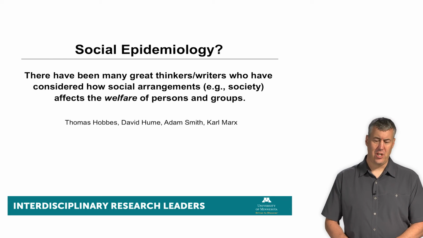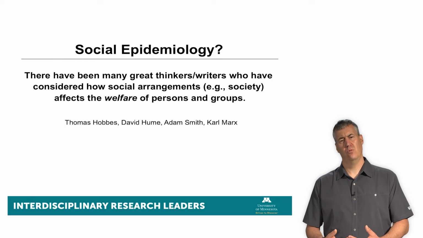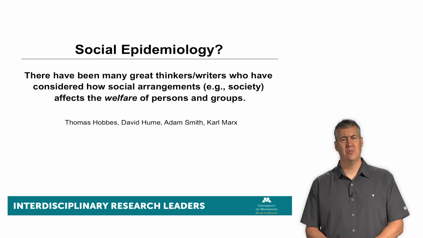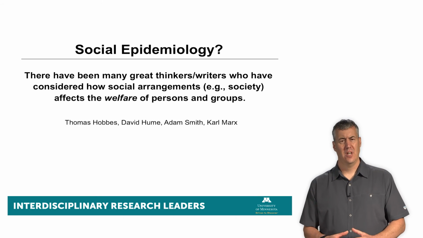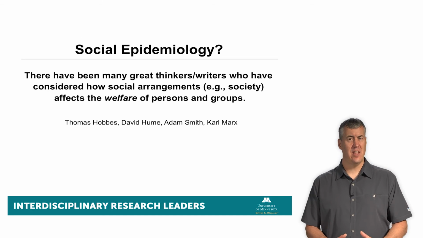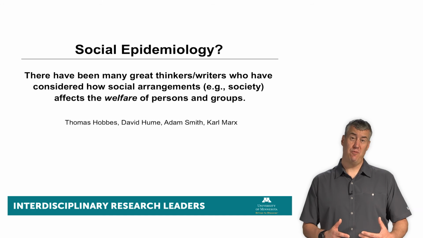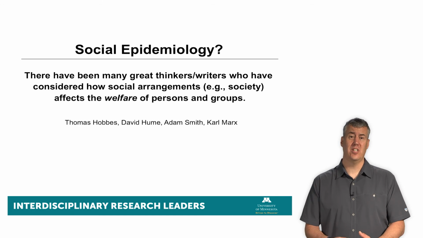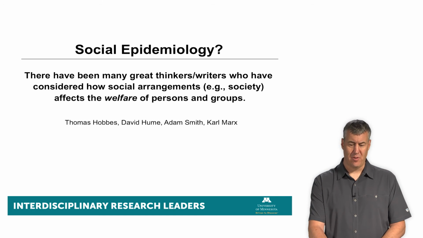And the challenge here comes from great thinkers from history such as Thomas Hobbes, Hume, Adam Smith, Karl Marx, and so many others. The focus of this scholarship, of this effort to understand the haves and the have-nots, informed what we're working on today, the social determinants of health.